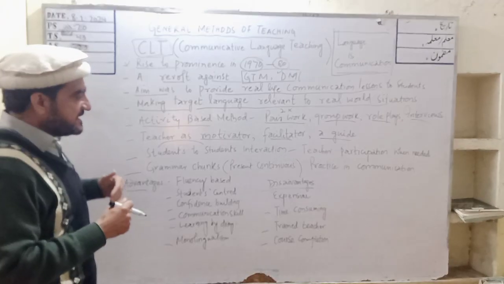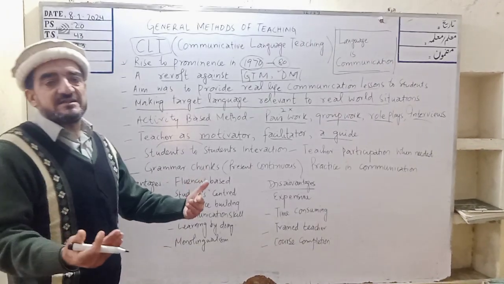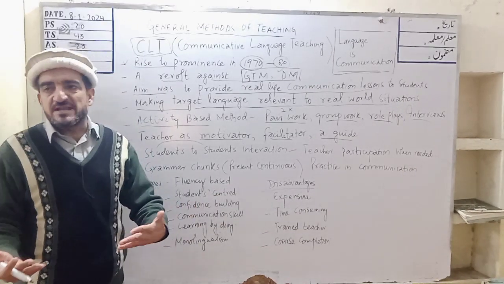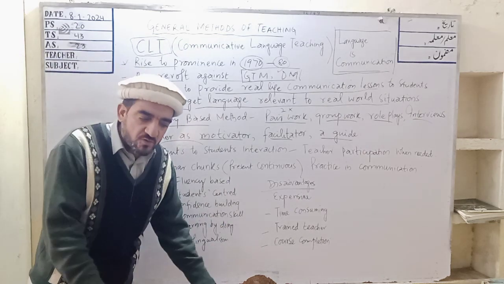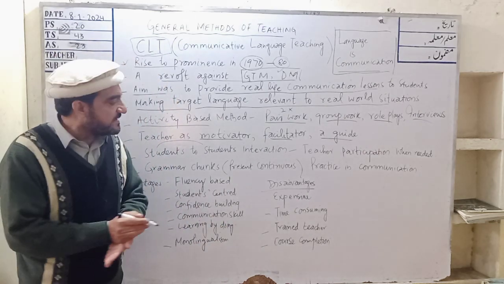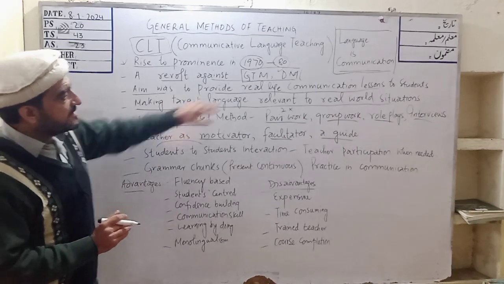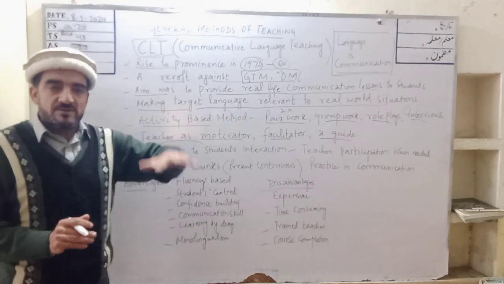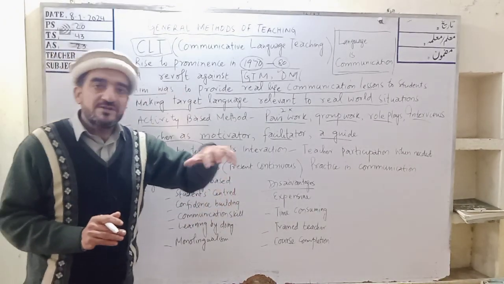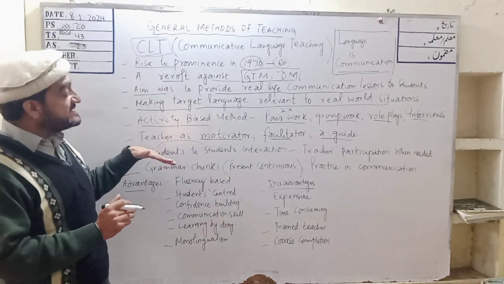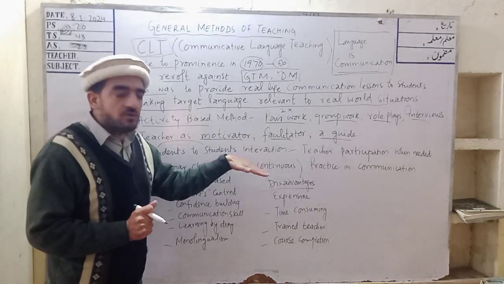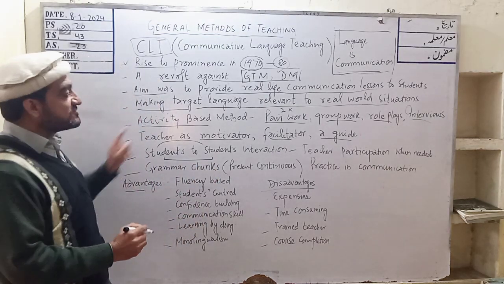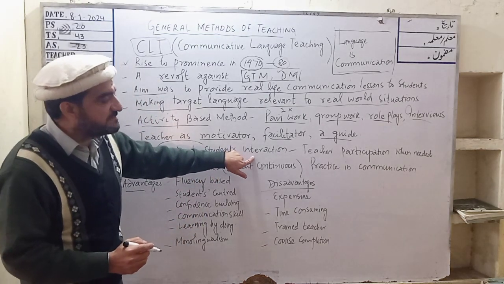It means that the students are the future builders. They need to develop their communication skill, because tomorrow they are going to face real situations. In the grammar translation and direct methods, the importance was given to the teacher, but in CLT the importance is given to students, and students to students interaction is met.